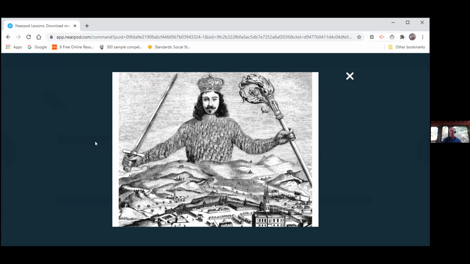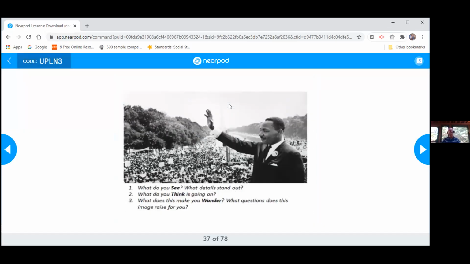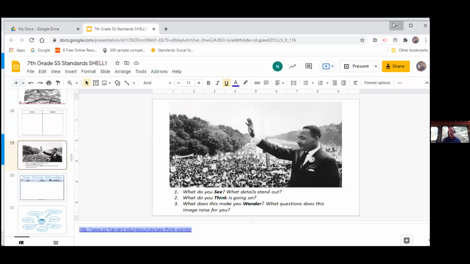Absolutely. Yep. Now, another strategy, and Holly or Nicole will throw in the chat, is See, Think, Wonder. And I actually created this. Basically it has kids look at what do you see, what details stand out, what do you think is going on, and what do you wonder about? What questions does this image raise for you?